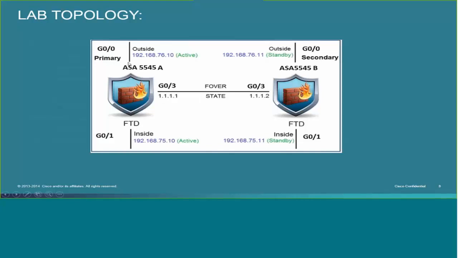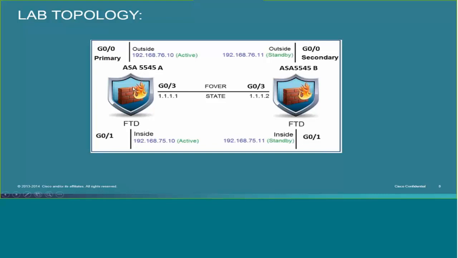Gig 0/0 is used for outside, and Gig 0/1 is used for inside. Using this diagram, I would like to clarify certain points. I have configured 5545A as the primary, and 5545B as the secondary.